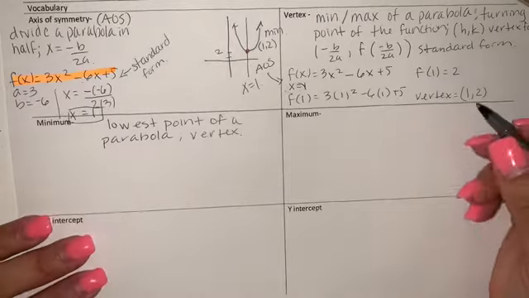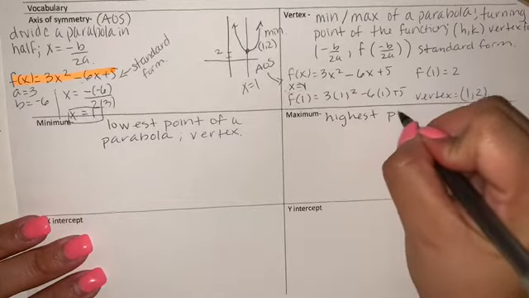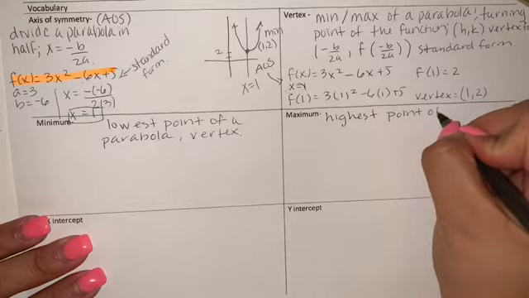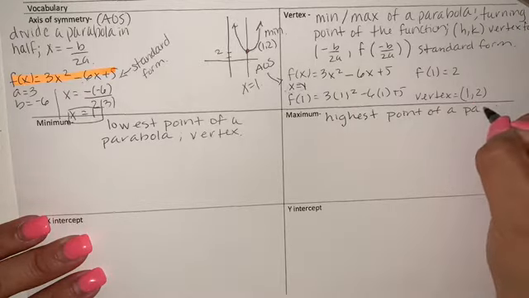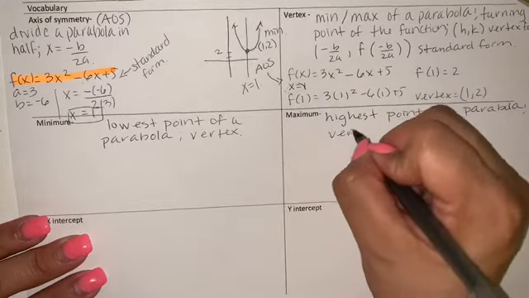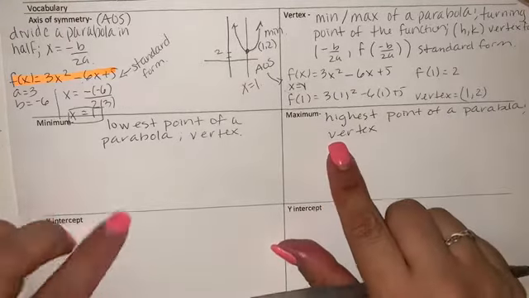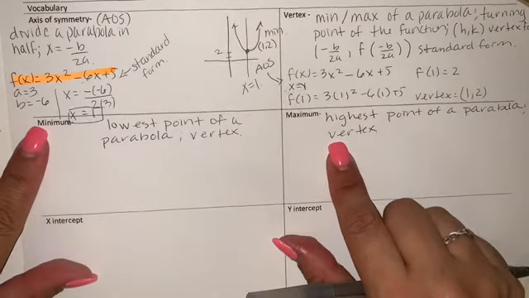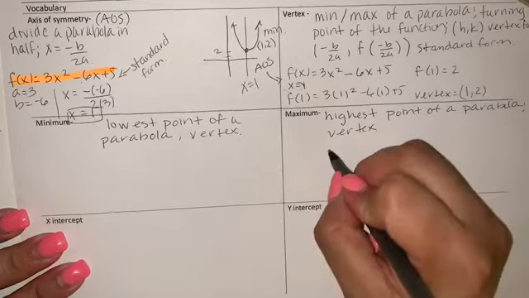A maximum is going to be the highest point of a parabola, and it's also the vertex. Okay, and then one more thing I want to make sure is that we realize that minimums or maximums are also turning points.